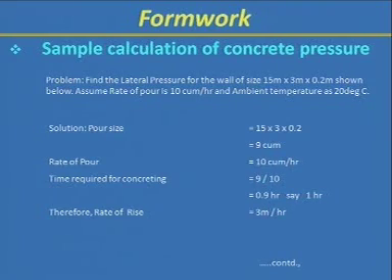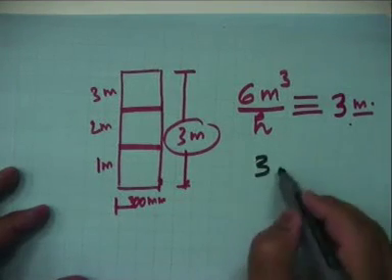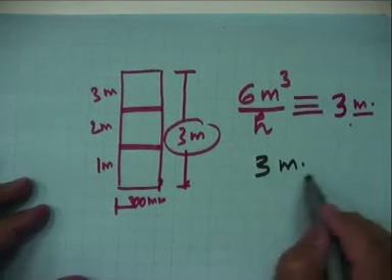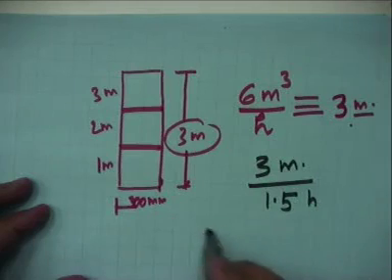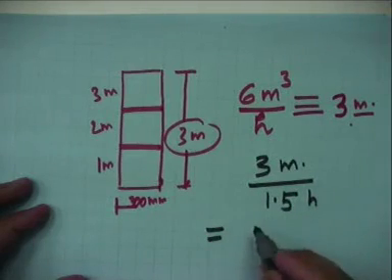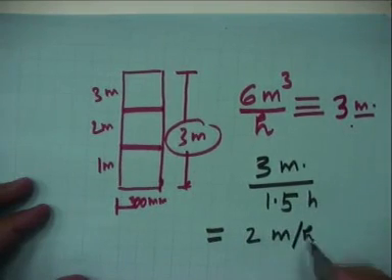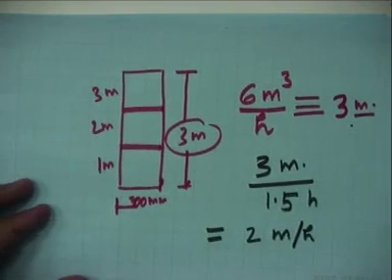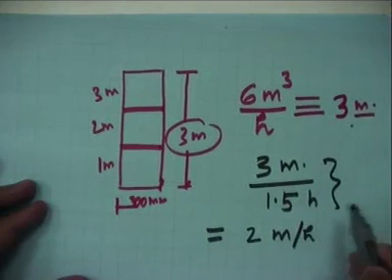Sorry, 6 cubic meter per hour. What we can do is, let's say 3 meter, you are filling it up in 1.5 hour. So, how much is this? This way also you can do it. Is it clear? Let's say I am doing it in a simple way. Simple formula. Is this clear?